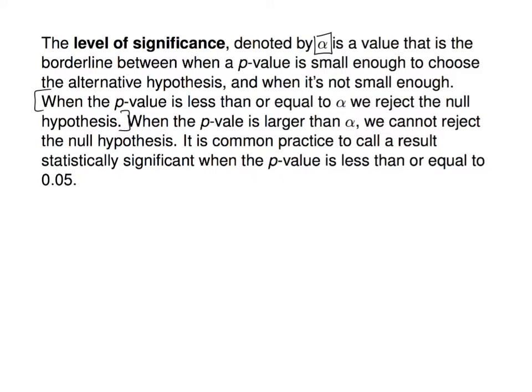When it's larger than alpha, you cannot reject the null hypothesis. It's also a common practice to call a result statistically significant when the p-value is less than or equal to 0.05. A lot of you were confused by this last time. Saying something is statistically significant is the same thing as rejecting H naught. Those are synonymous.